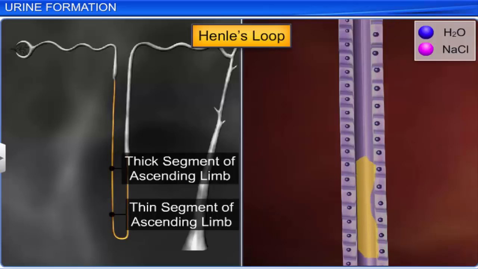The ascending limb is permeable to electrolytes actively or passively, and is impermeable to water. Therefore, electrolytes pass into the medullary fluid and dilute the concentrated filtrate as it passes upwards.